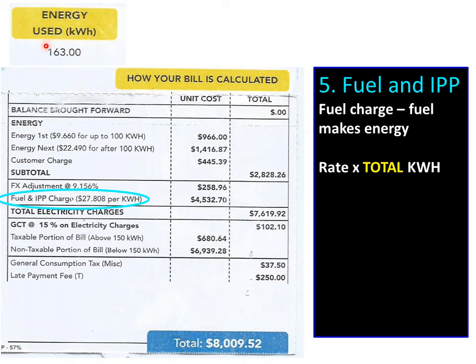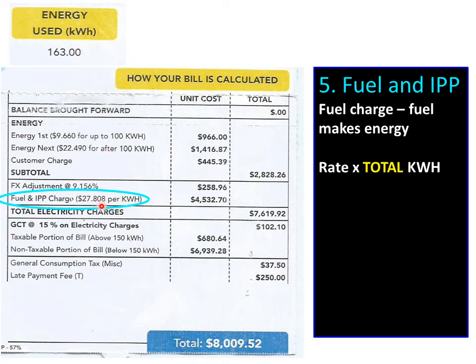That's what we used up. So we're going to multiply the $27.808 by the 163. And that's how we're going to get our total fuel and IPP charge.